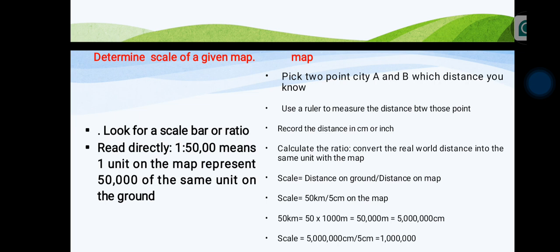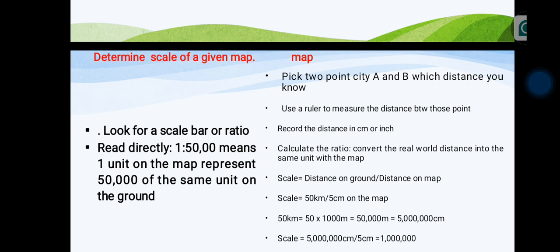Having picked the points, you use a ruler to measure the distance between those points. Having done that, record the distance in centimeters or inches. You record the distance on your worksheet.